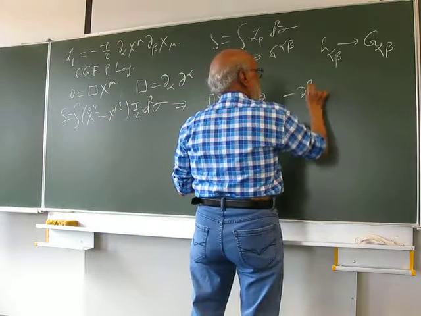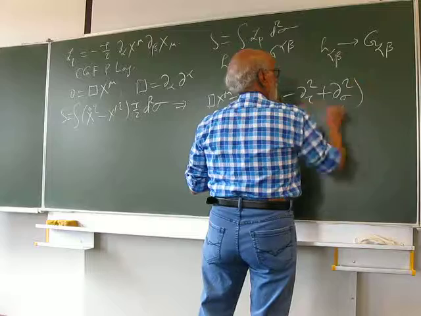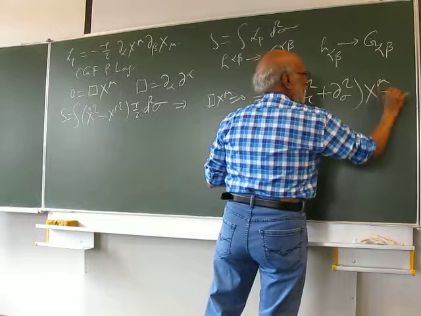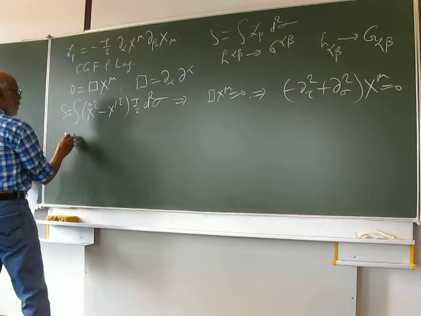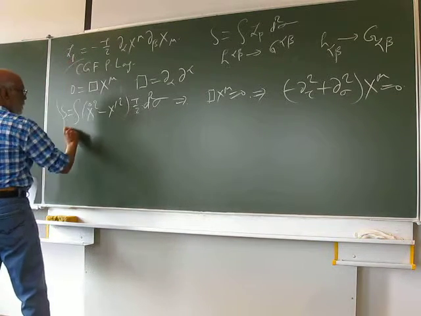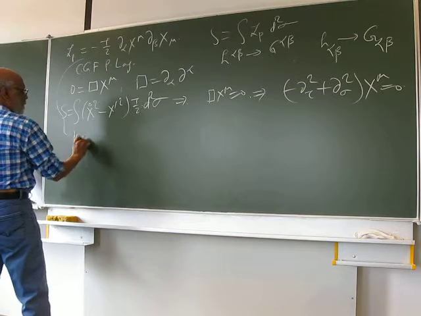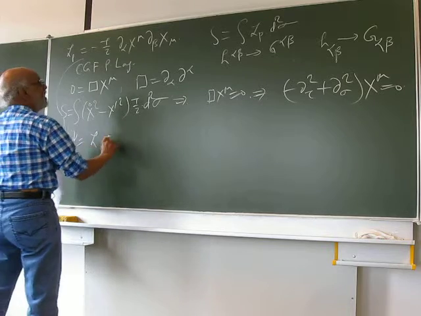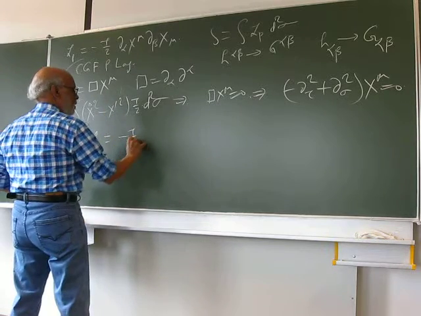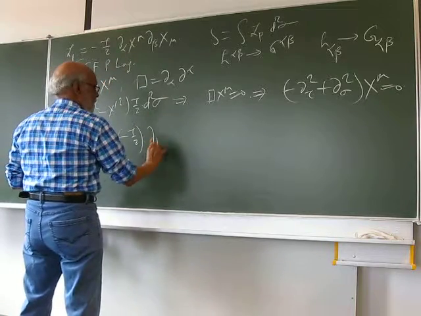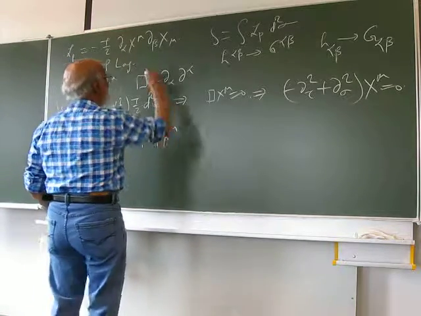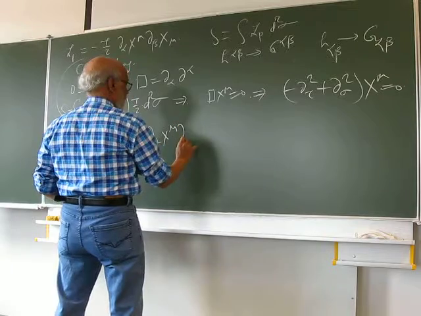This implies something equals to 0, or you write down the Lagrangian, that would be minus T by 2, and this is del plus X mu del.